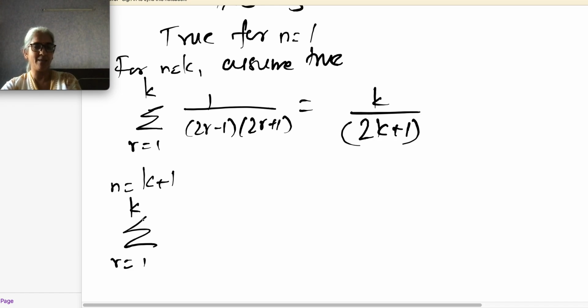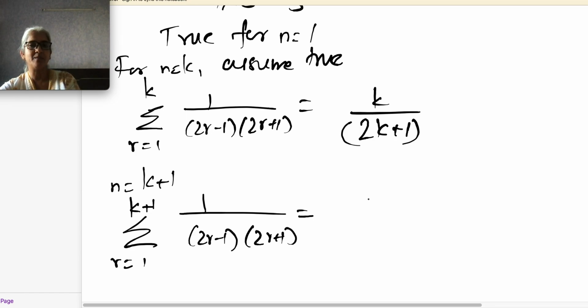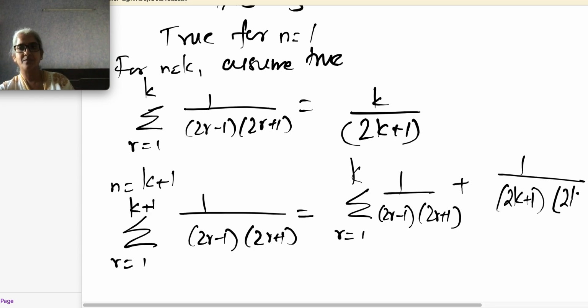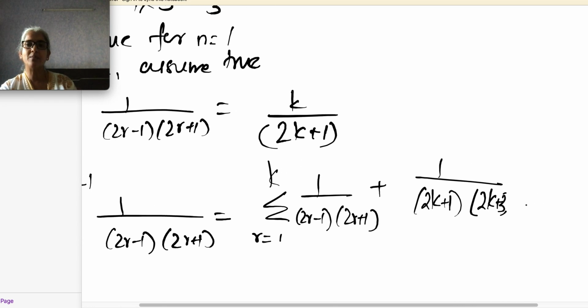But instead of writing directly k plus 1, what I want to do is split this summation till k plus 1 terms into summation till the kth term. Why am I doing that? Because I have a result from the assumption before. Plus, what should be the k plus 1th term? If you substitute k plus 1 in place of r, you will get 2k plus 2 minus 1, so 2k plus 1 times 2k plus 3.